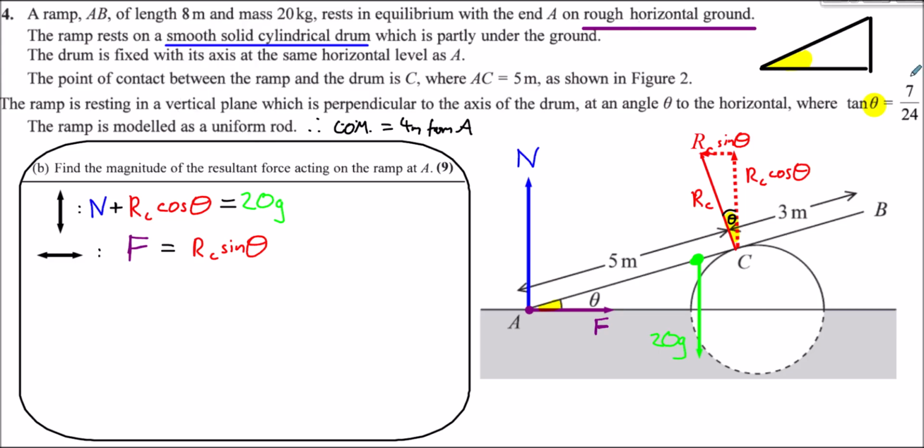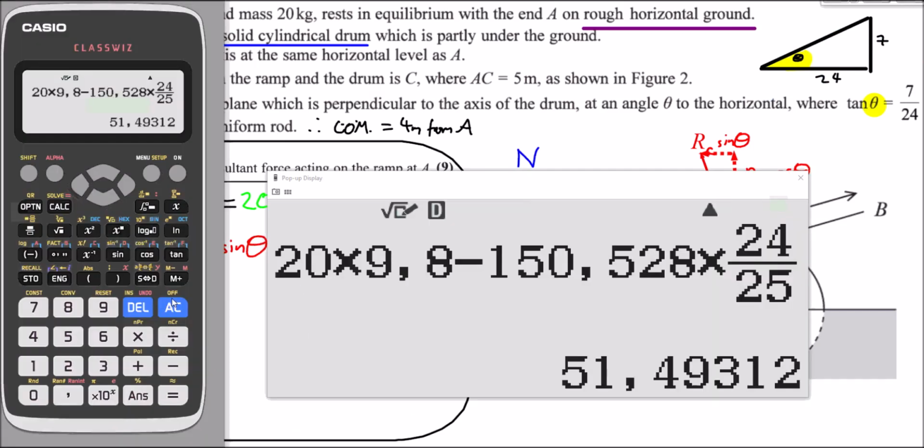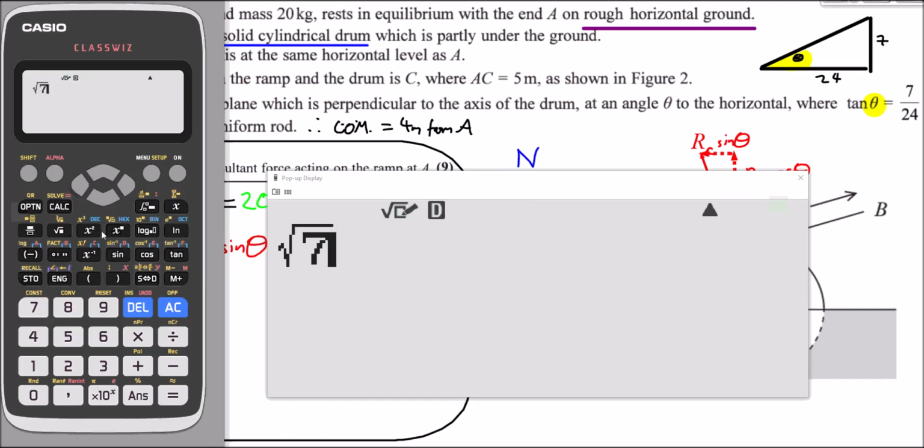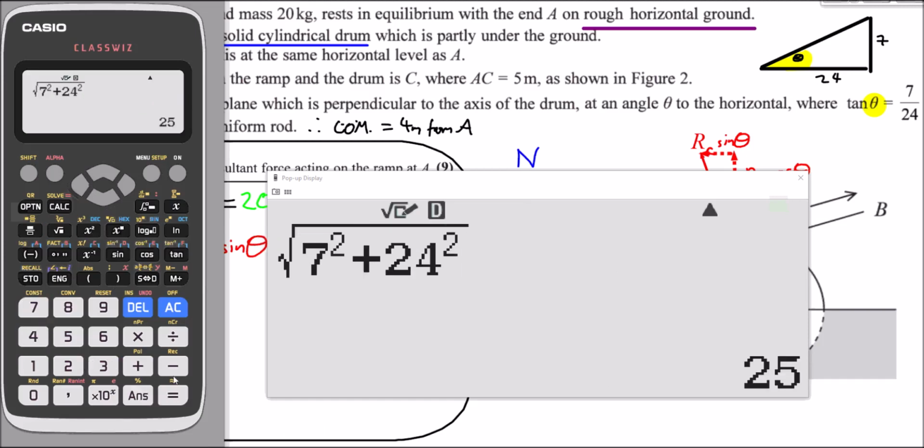So I can put 7 there, 24 here, and label that theta. Therefore, the hypotenuse will be 7 squared plus 24 squared, all square rooted. If we do this on the calculator, square root of 7 squared plus 24 squared, you'll see it's a Pythagorean triple, which gives us exactly 25.